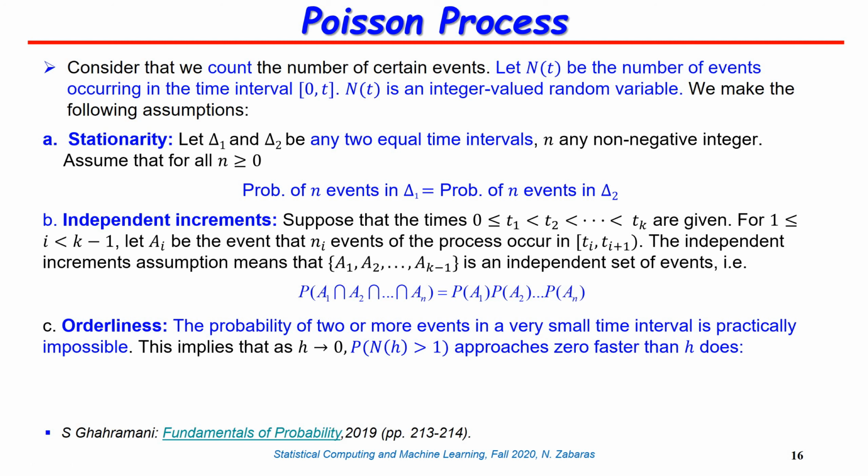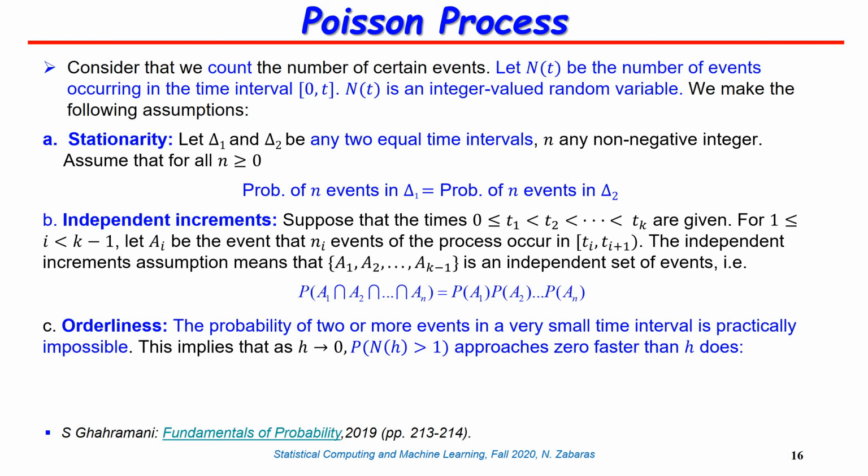Another way to write this mathematically is, if you take the ratio of this probability divided by h and take the limit as h goes to 0, then that ratio goes to 0. The idea here is that as h goes to 0, as the time interval becomes tiny, the probability of seeing two or more events is negligible.